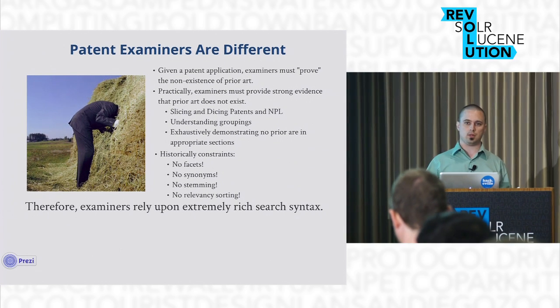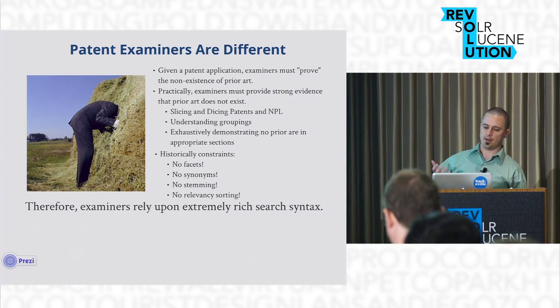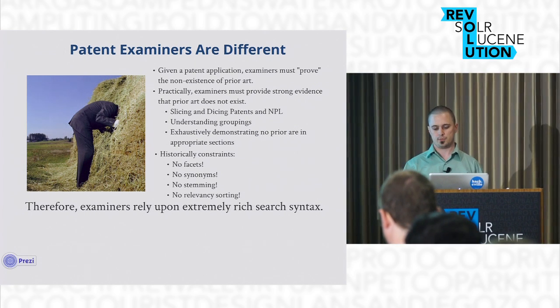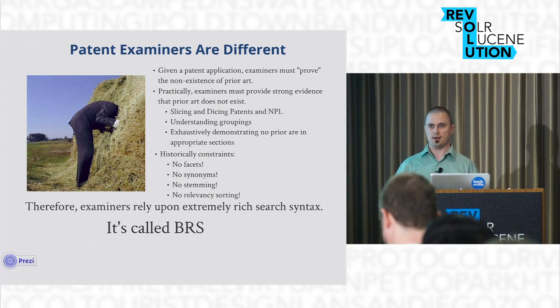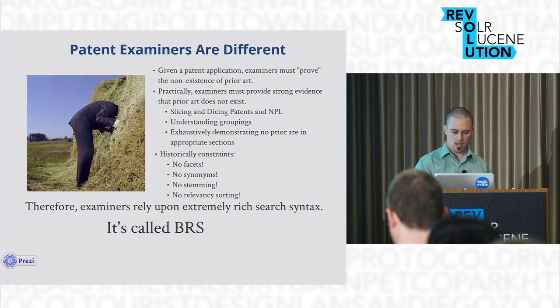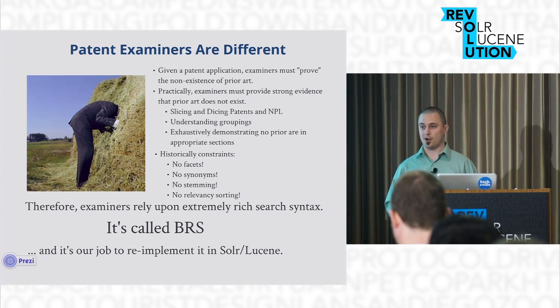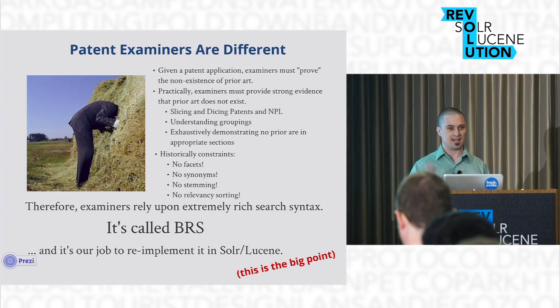What this all implies is that they rely upon a very, very descriptive, rich search syntax. This search syntax is called BRS. No one remembers what BRS stands for, but that's what it's now called. And it is now our job to re-implement this search syntax in Solr. This is kind of the big point, right?